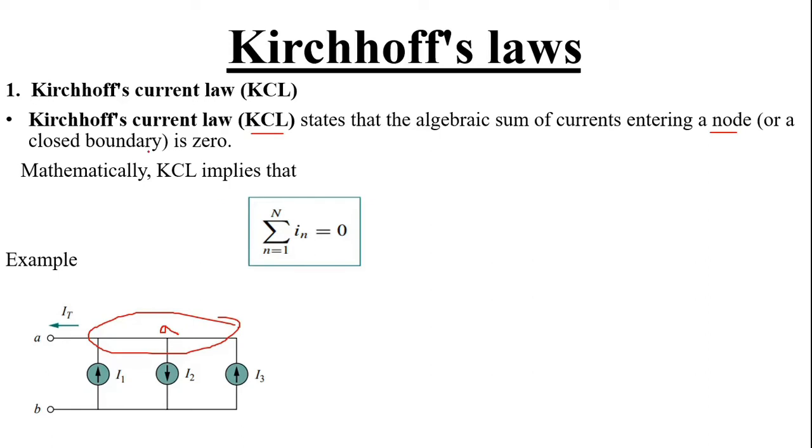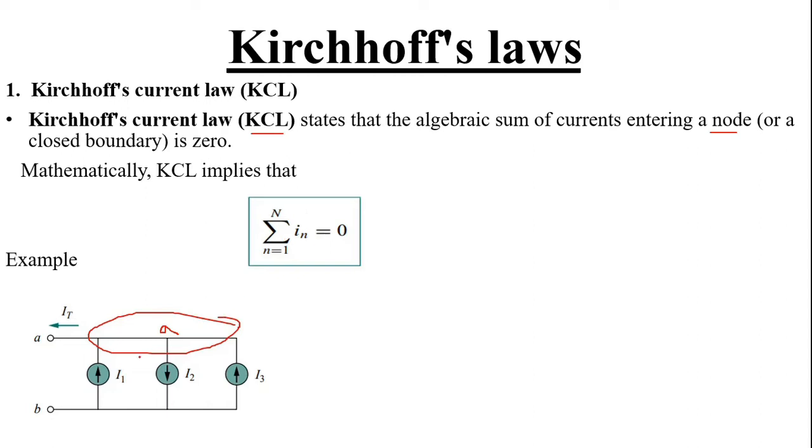So KCL says that the algebraic sum of currents entering a node or closed boundary is zero. Mathematically, KCL implies that the summation of I_n, from n equals 1 up to N, is equal to 0.